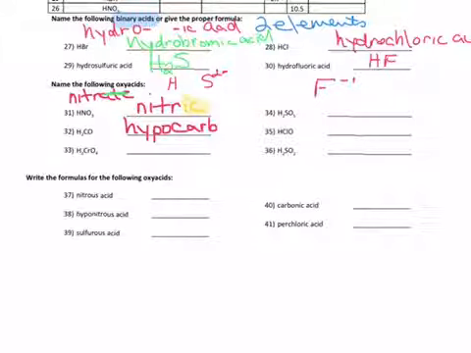Carb, ous at the end. Carbonous acid. So we added the hypo and we added the ous at the end. That's 2 less oxygen.